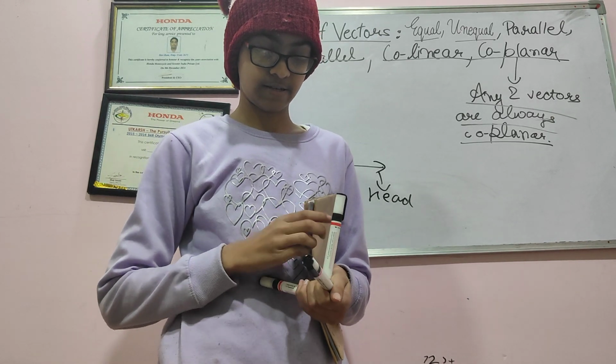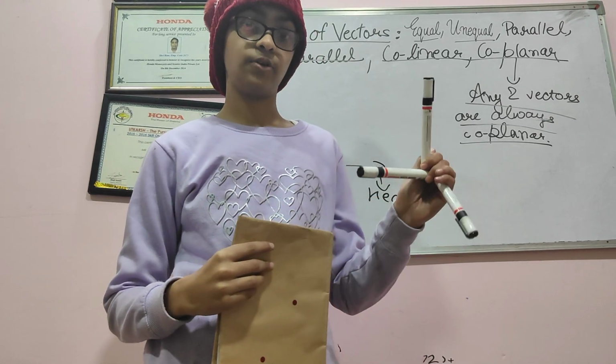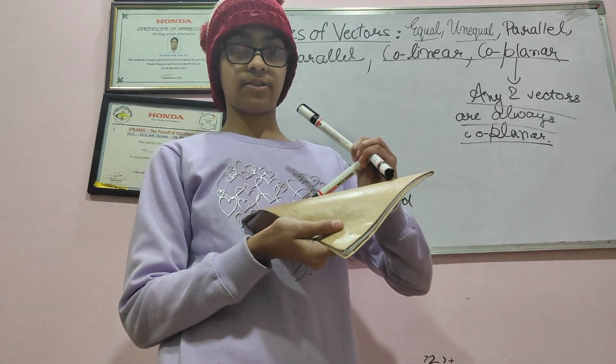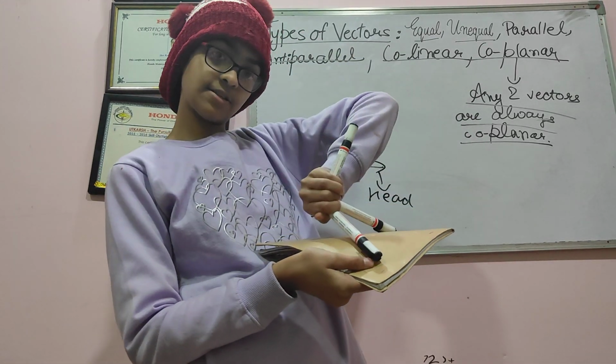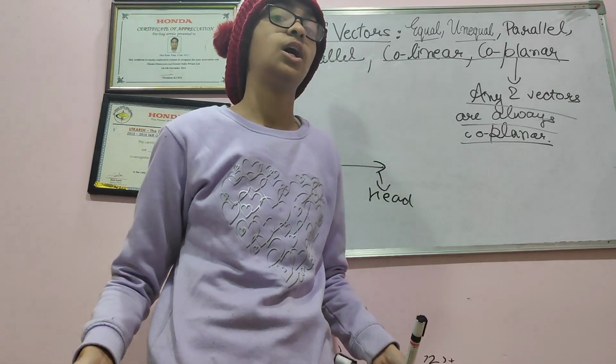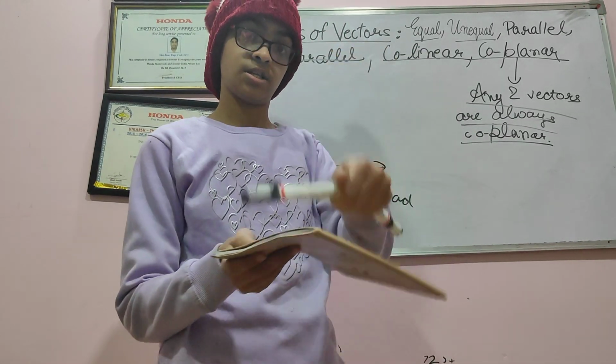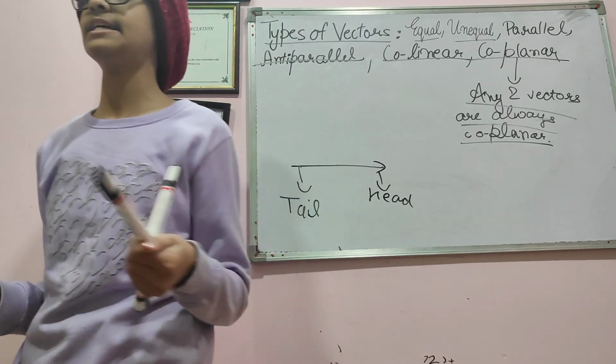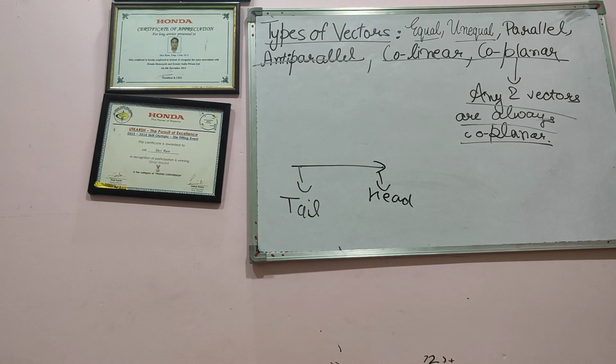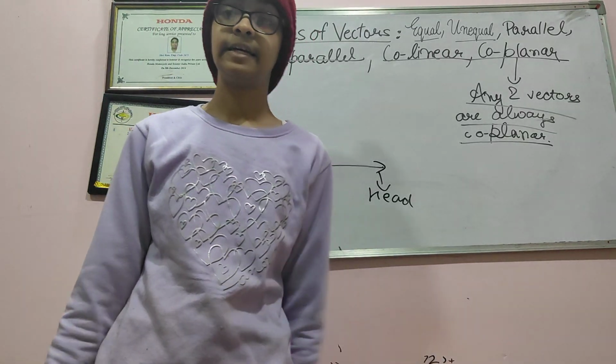Is this coplanar? No. These 2 lie on the same plane, these 2 lie on the same plane, and these 2 lie on the same plane. But not all. If we are talking about this straight one, they all lie on the same plane. So any 3 vectors may or may not lie on the same plane.